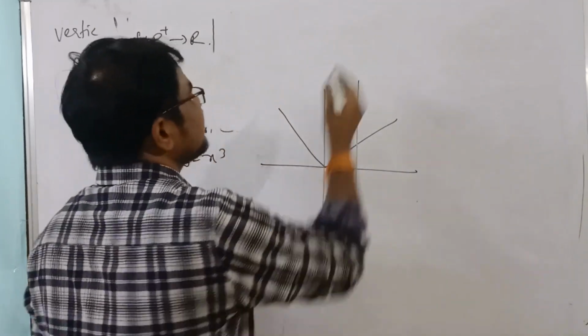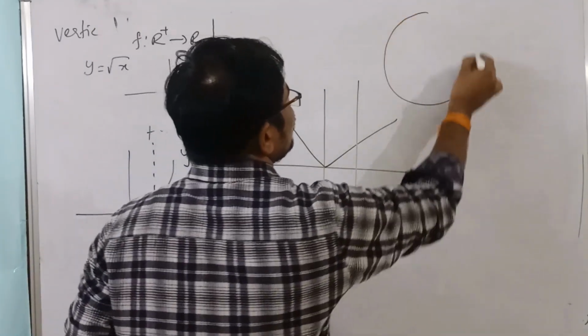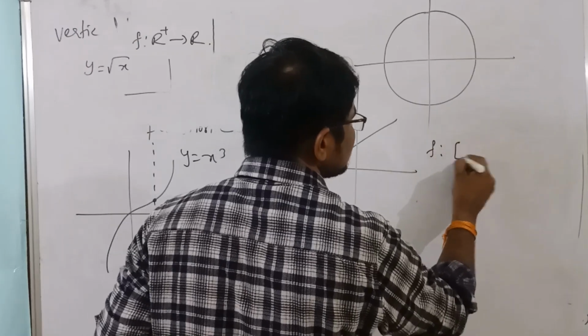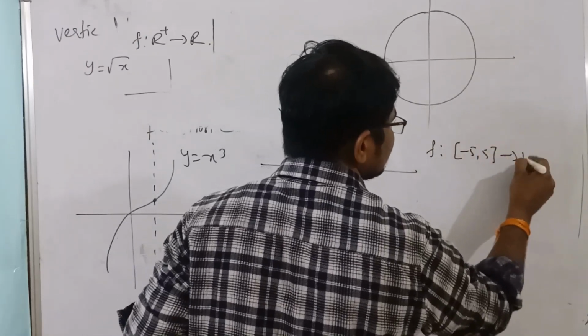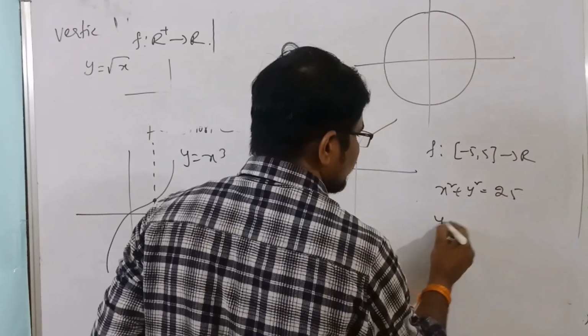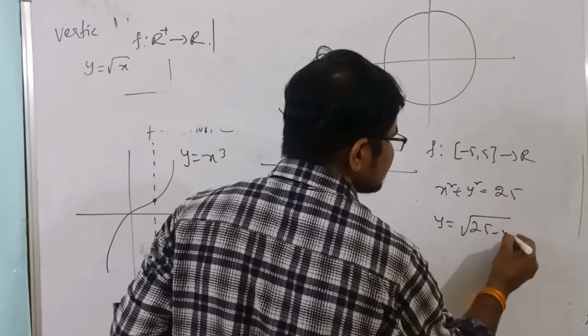And take a circle, mapping from the closed interval minus 5 to 5 to R, x square plus y square equal to 25, so y equal to root of 25 minus x square.